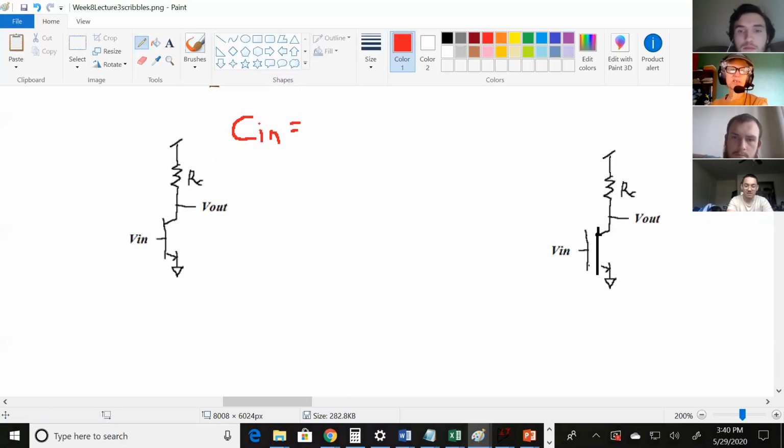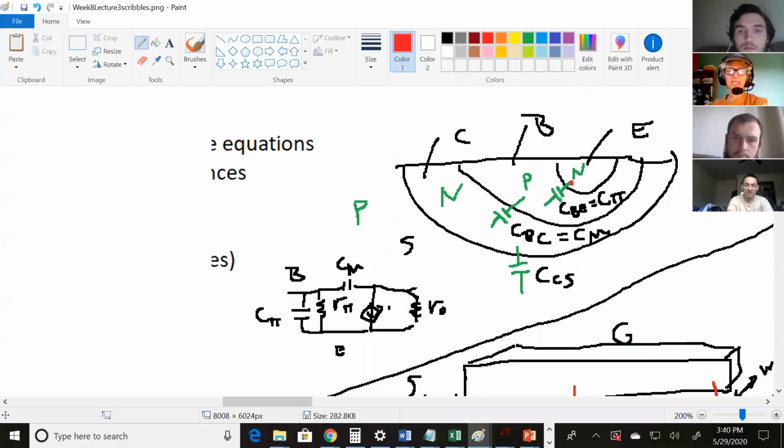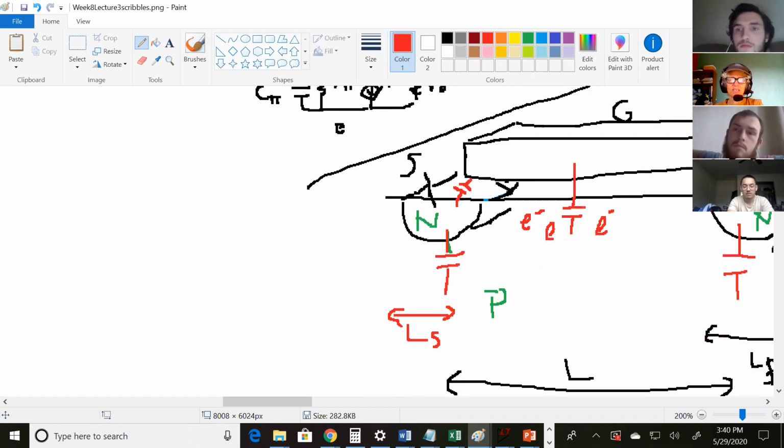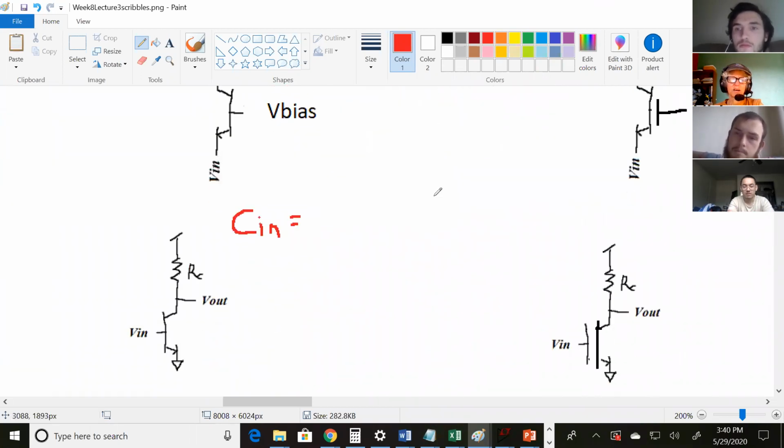For a common emitter, it's the base. So what are the capacitances that you see? C mu plus C pi. Okay. C pi plus, and I'm going to leave a space here, C mu.